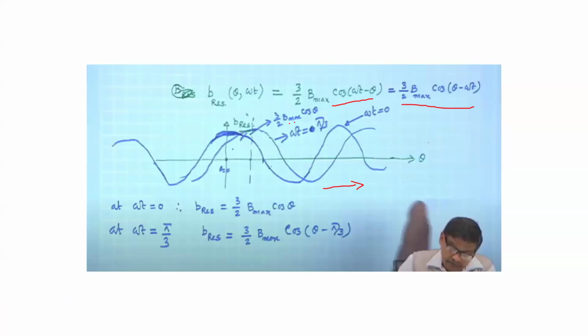It is the speed corresponding to this omega t, because as omega t changes over 360 degrees, the frequency of this rotating sinusoidal MMF is omega.